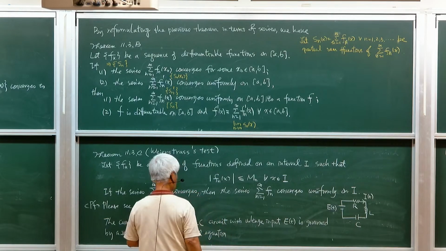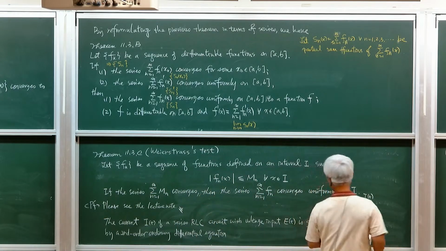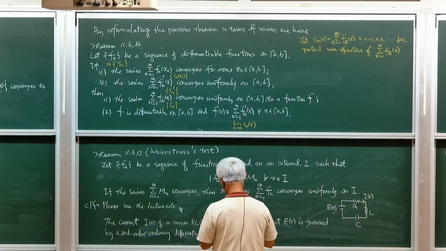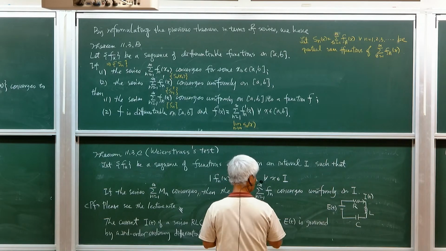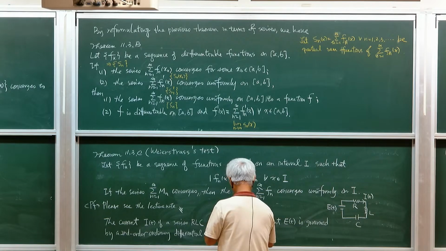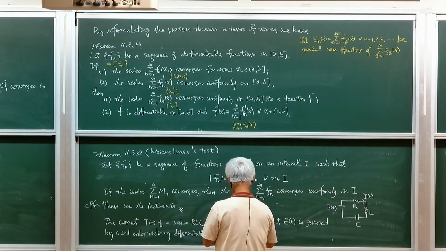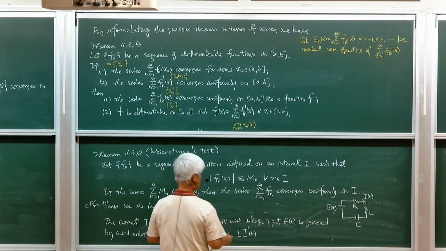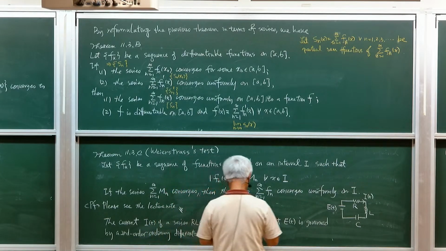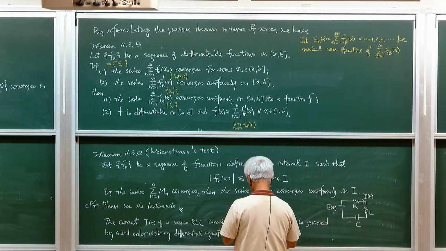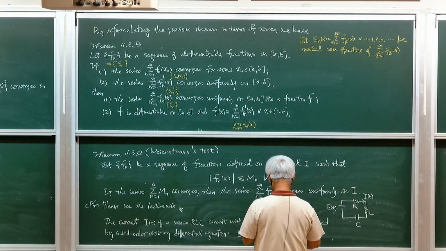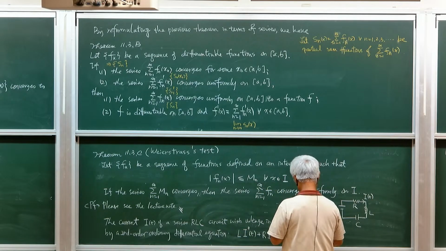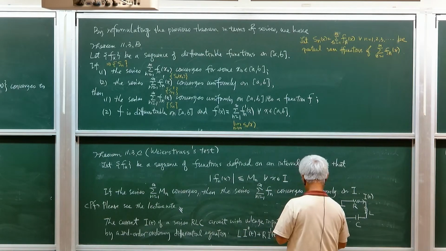Here I write L, the inductance of the inductor, times I double prime of t, the second derivative of the current, plus R times the first derivative of the current, plus 1 over C times the current, equal to the derivative of the voltage signal.